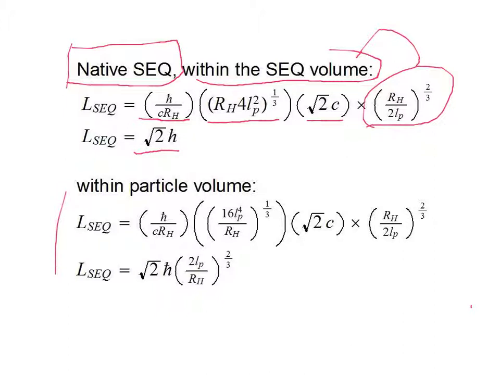Now, the section down here shows what happens when we compress it not into the SEQ radius, but shrink it into a particle radius. And the result is a decrease to the square root of 2 times h bar times 2LP divided by R sub h to the 2/3 power.